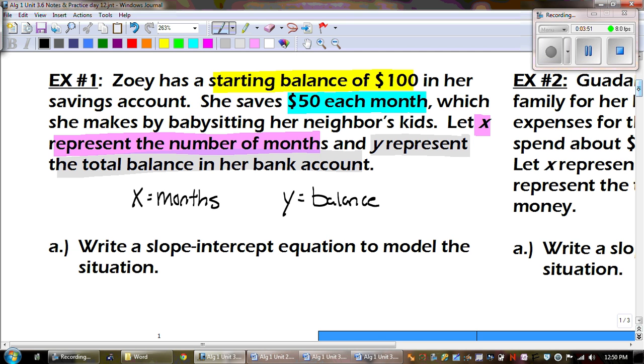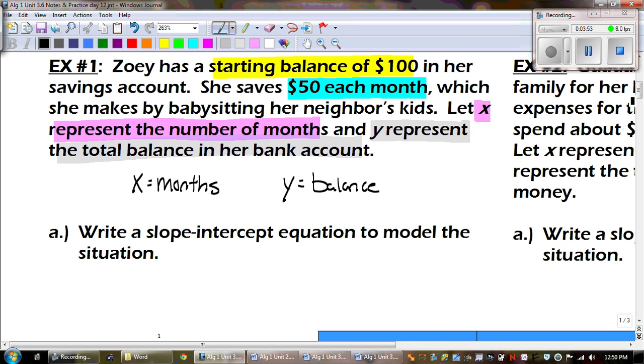All right, the first thing it says is to write a slope-intercept equation to model the situation. Do you guys remember slope-intercept? Well, that's y equals mx plus b. So the two things I need to know are what my slope is and what my y-intercept is.